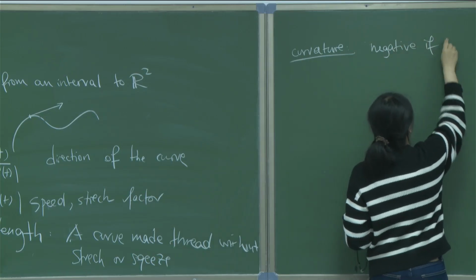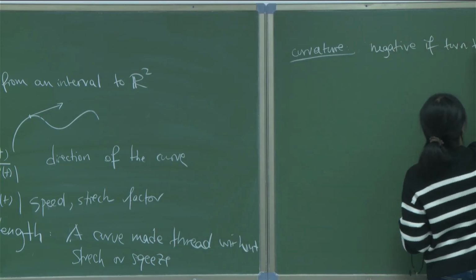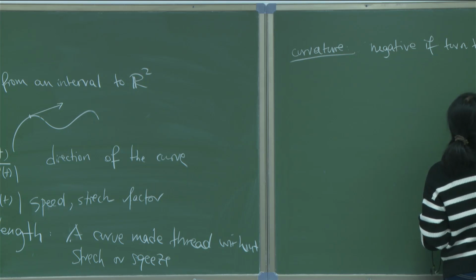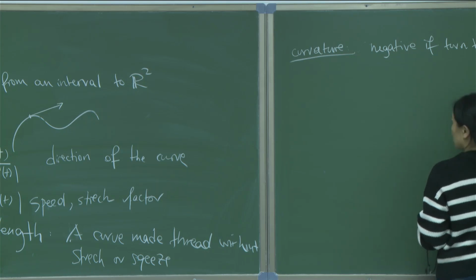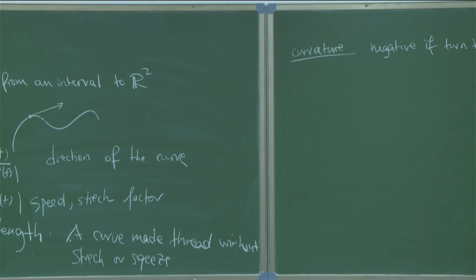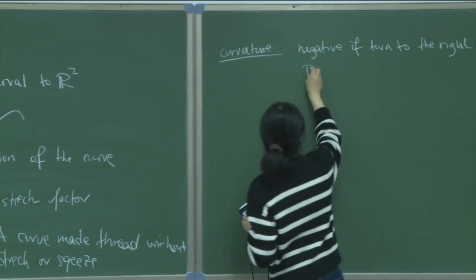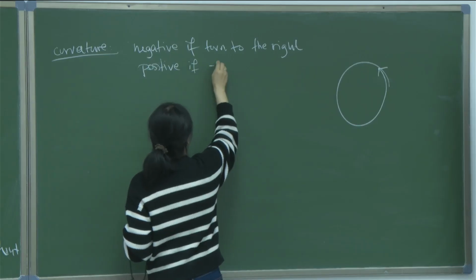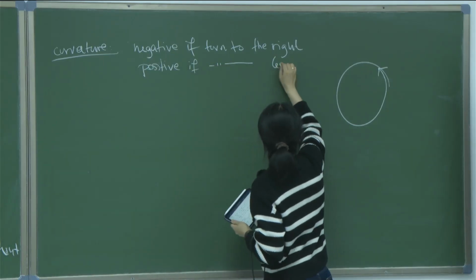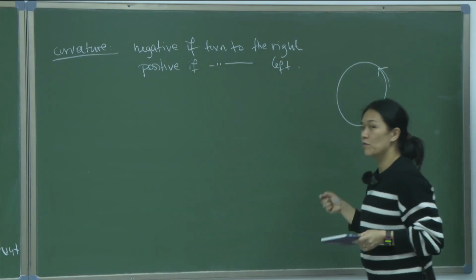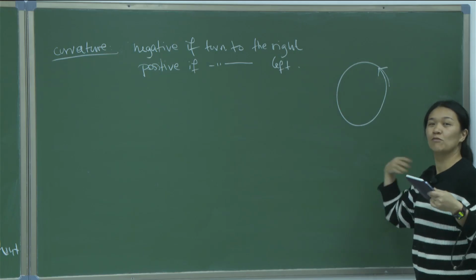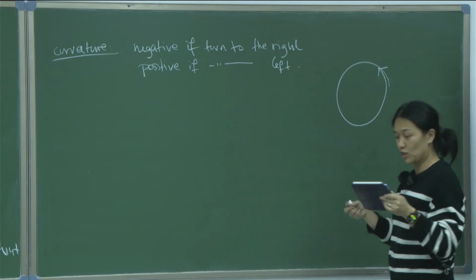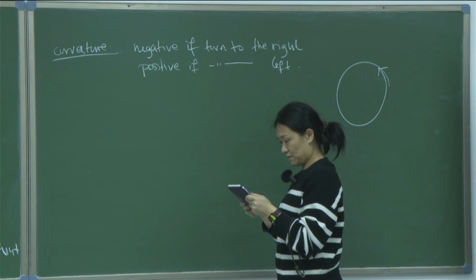Because mathematicians like to turn to the left, right? This is turning to the left. It's a positive direction, okay? Positive, if you turn to the left. So as mathematicians, we have a natural orientation, which is turning to the left, okay?